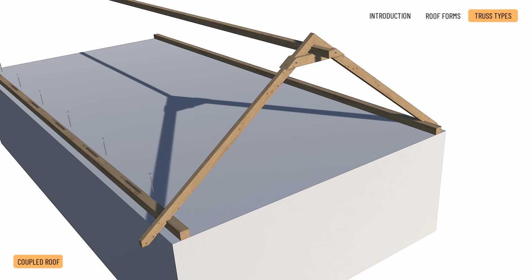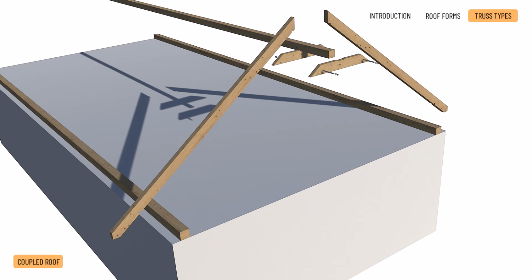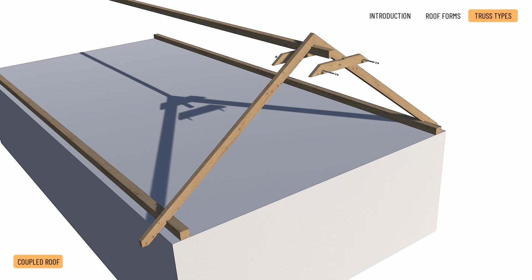The wall plate itself is anchored to the floor structure below using anchor studs. The rafters meet at the top with a butt joint resting on the ridge beam by bird's mouth joints. Pairs of rafter ties connect the upper rafter ends with single notched joints, providing full support for the ridge beam.